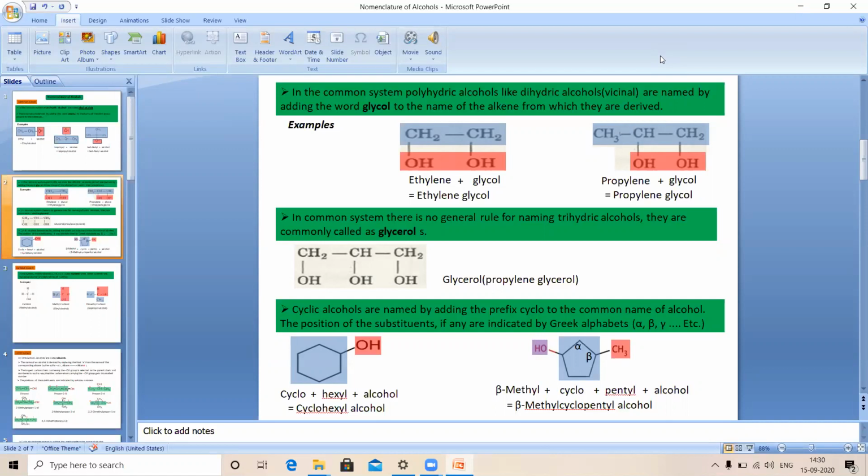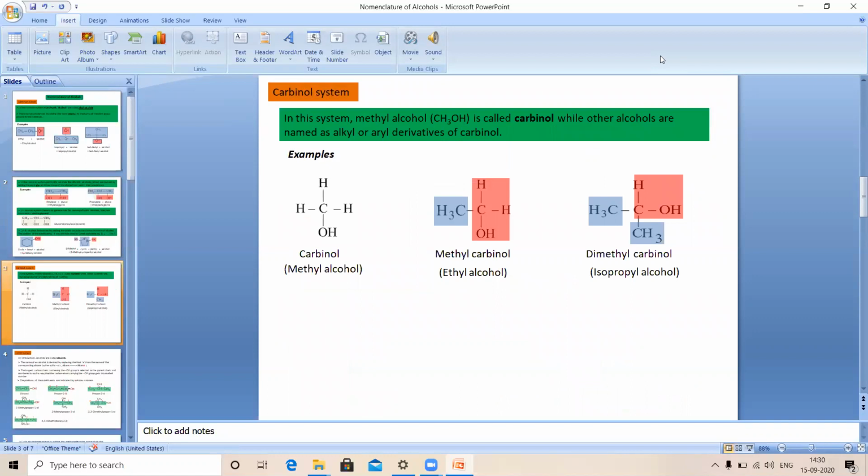The positions of the substituents are indicated by the Greek letters alpha, beta and gamma, etc. For example, in this structure there is a 6 carbon atom ring, that's why it is cyclohexyl. The OH group is attached, that's why the name is cyclohexyl alcohol. Next example, beta methyl alcohol.